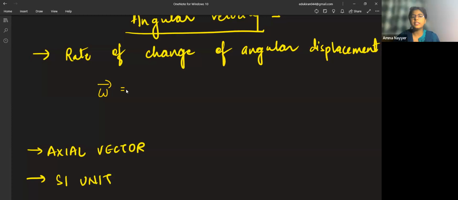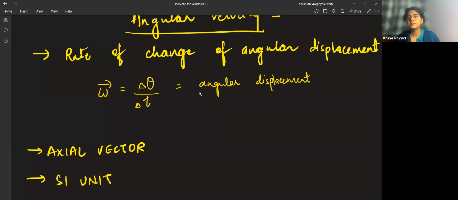Angular velocity, we represent it through the symbol omega, or it looks like W, but we call this omega. So that is change in angular displacement over change in time, right? This is angular displacement over time.